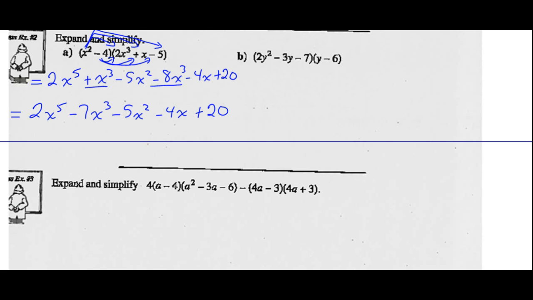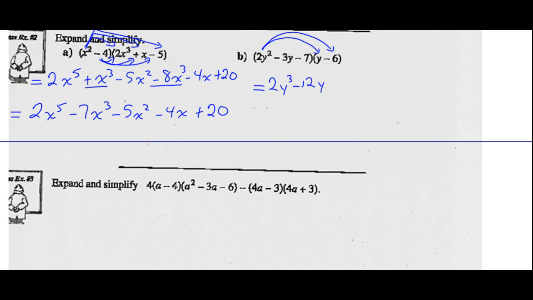All right. Let's try the same thing for part B. Make sure every term in the first binomial or trinomial gets multiplied by every term in the second. So we're just going to use the distributive property over and over. So 2y squared times y is a 2y cubed. 2y squared times a minus 6 is a minus 12y squared.